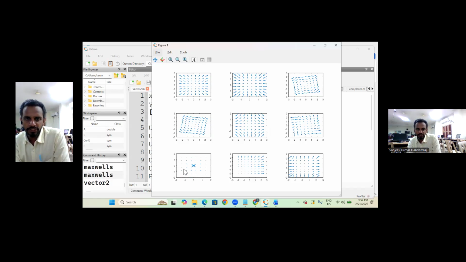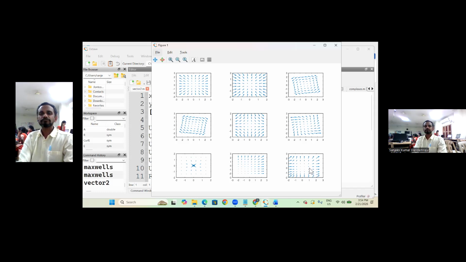And this one is gravitational field. It is reducing as 1 by r square. And this one is exponential. It is increasing exponentially. And last one, quadratic field. It is increasing as square of the distance from the origin. So these are various fields.